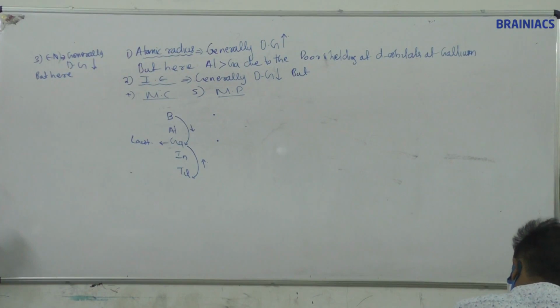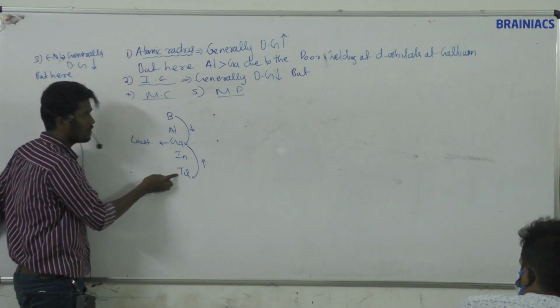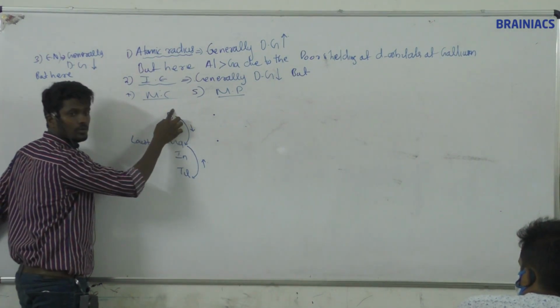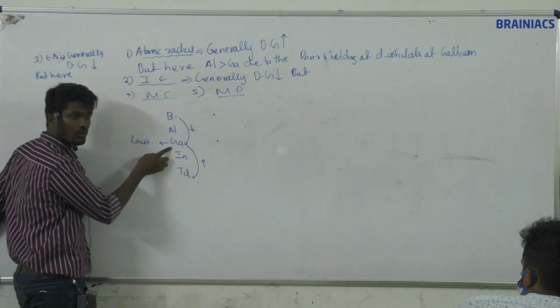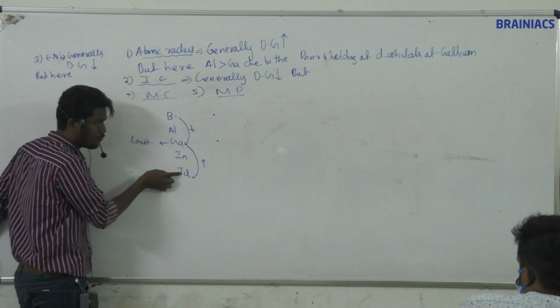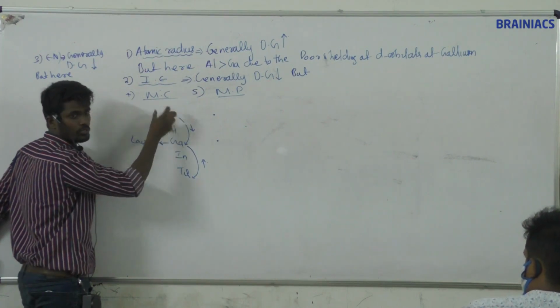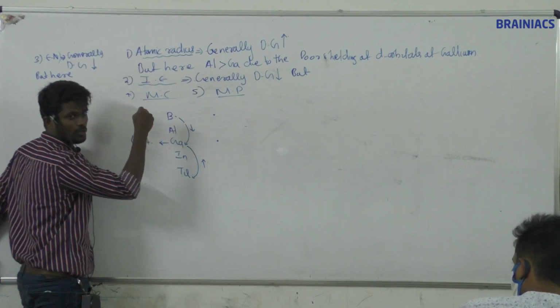Boron to gallium decreases, then there is a smaller increase. Boron has a non-metal nature, so there will be strong covalent bonds.